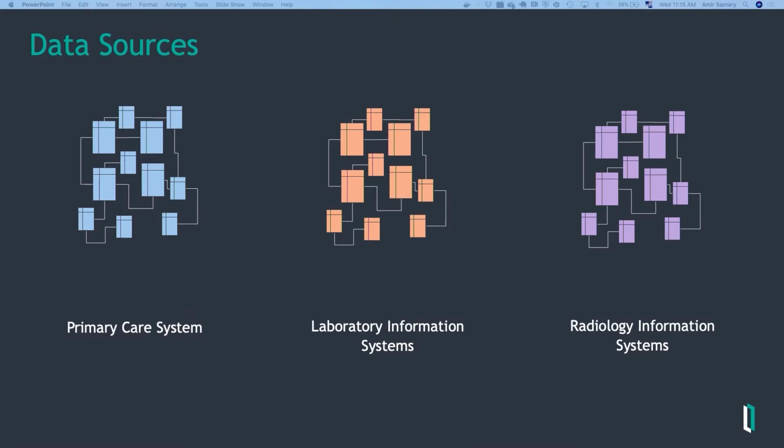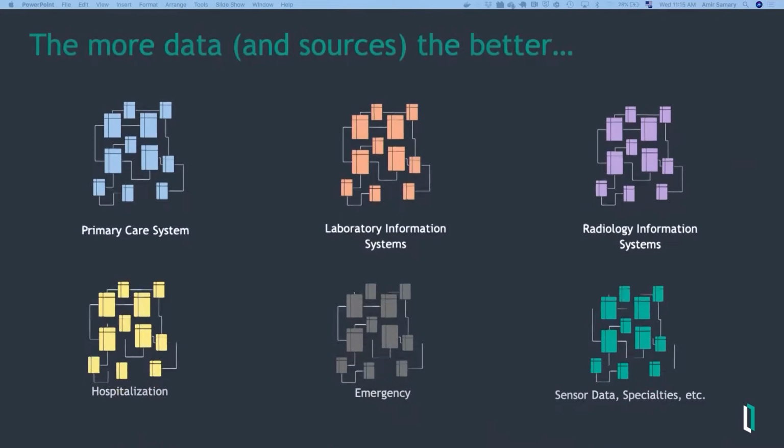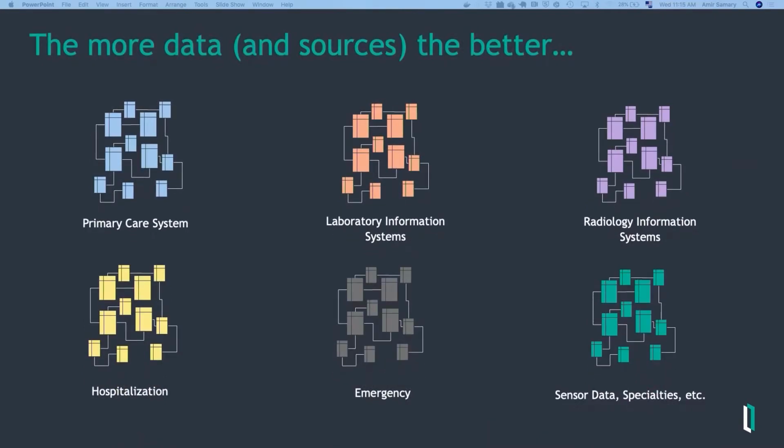Your lab results, right? Radiology information. The more the better, information from your previous hospitalizations, the procedures you have gone through, emergency visits you had, all this coming from many different systems, right?